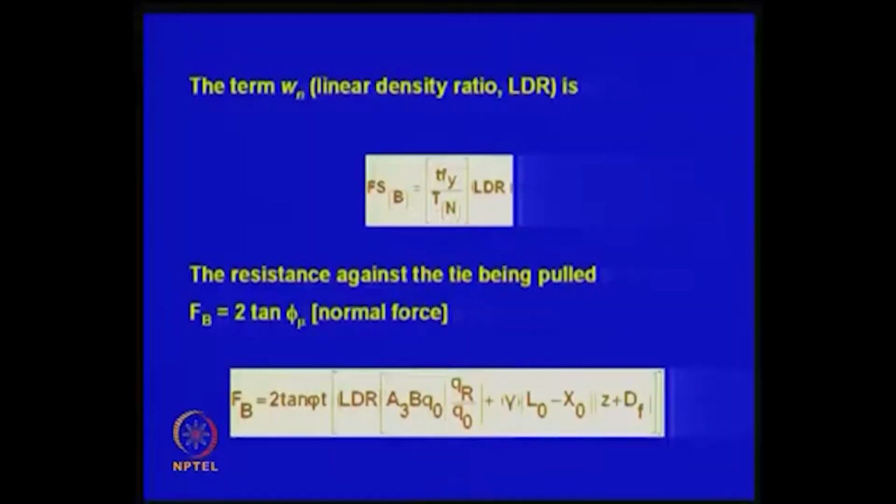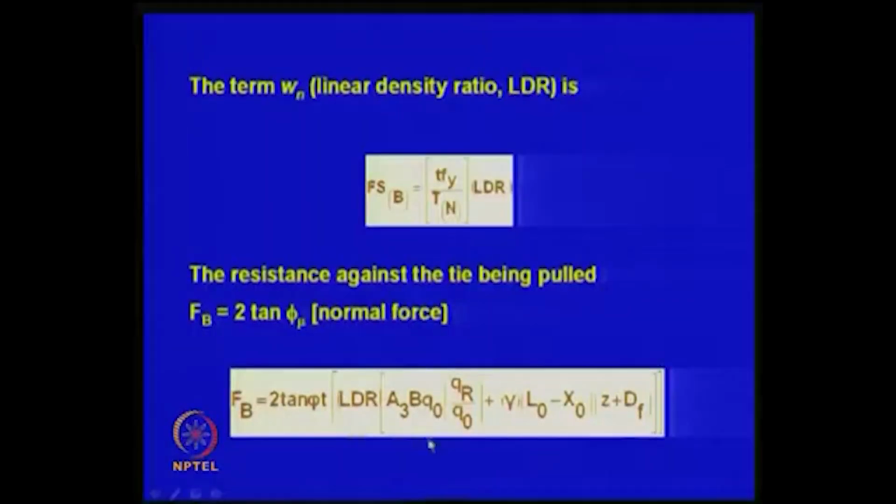Say for example, in 1 meter, 10 plus 10 is 20, 20 plus 20 divided by 100 will give the LDR, linear density ratio, okay. Then once you calculate that, that is what you get, TFY into LDR, LDR into TFY, it is essentially the same thing. The next step is that it should not get pulled out, that is very important.